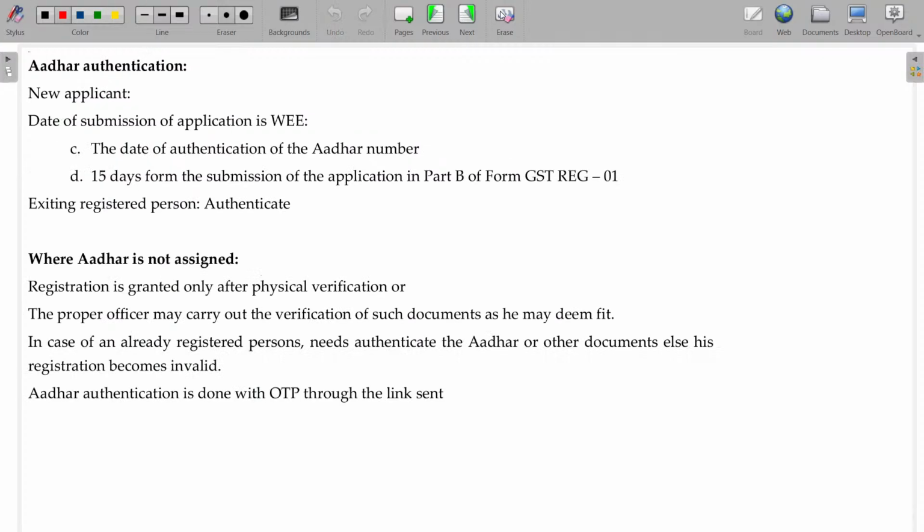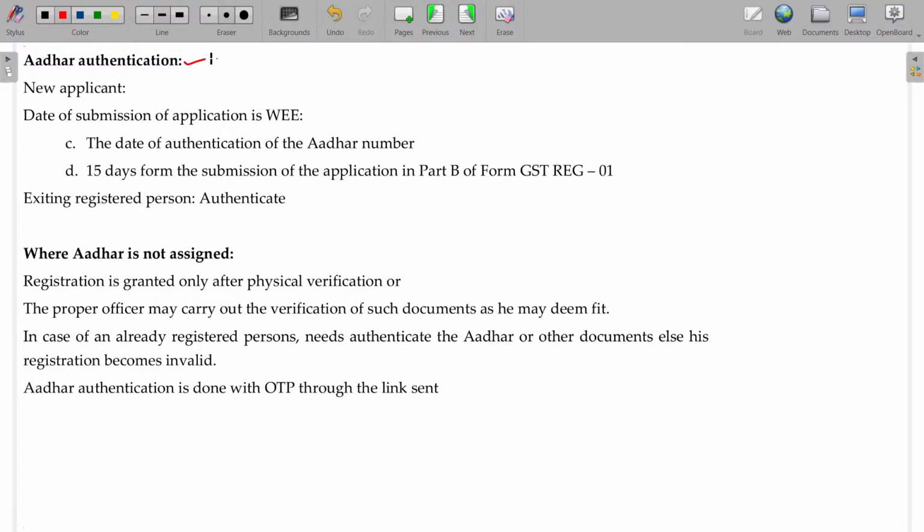Now, Aadhaar authentication. In case of a new applicant, the date of submission of application is whichever is earlier: the date of authentication of the Aadhaar number or 15 days from the submission of the application in Part B in form GSTR1. So within 15 days. In case of an existing person, you have to do the authentication.